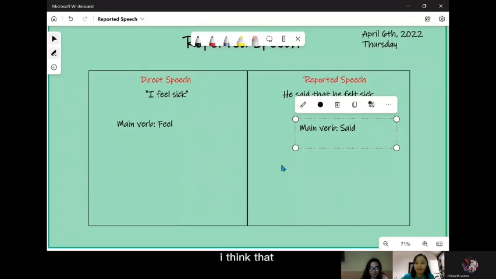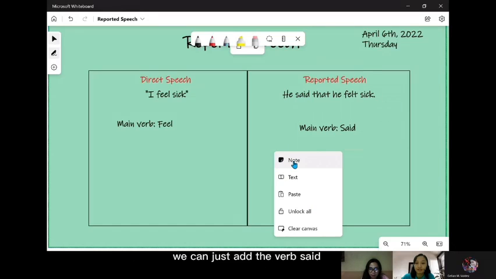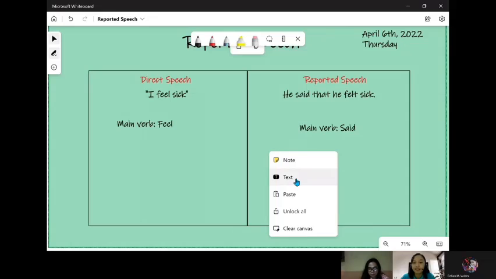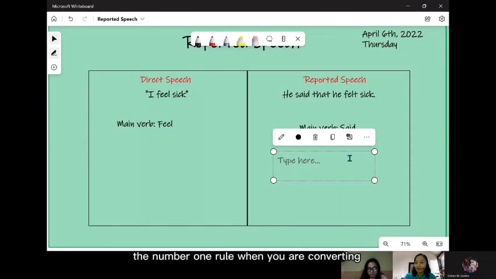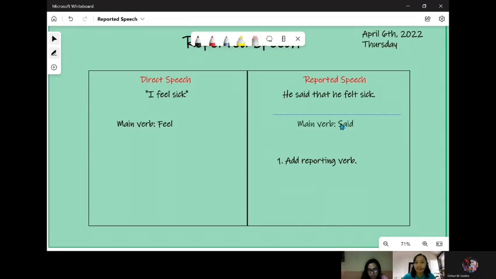I think that if we want to say something in the reported speech, we can just add the verb said. Yes. So the number one rule when you are converting direct speech to reported speech is that you always add the reporting verb.